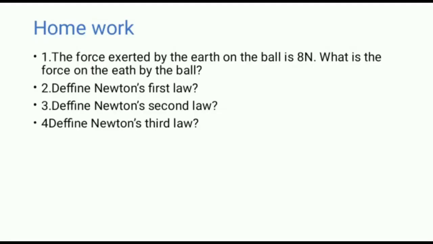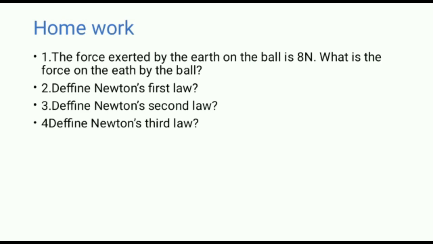Now we give some homework. The force exerted by the earth on the ball is 8 newtons. What is the force on the earth by the ball?